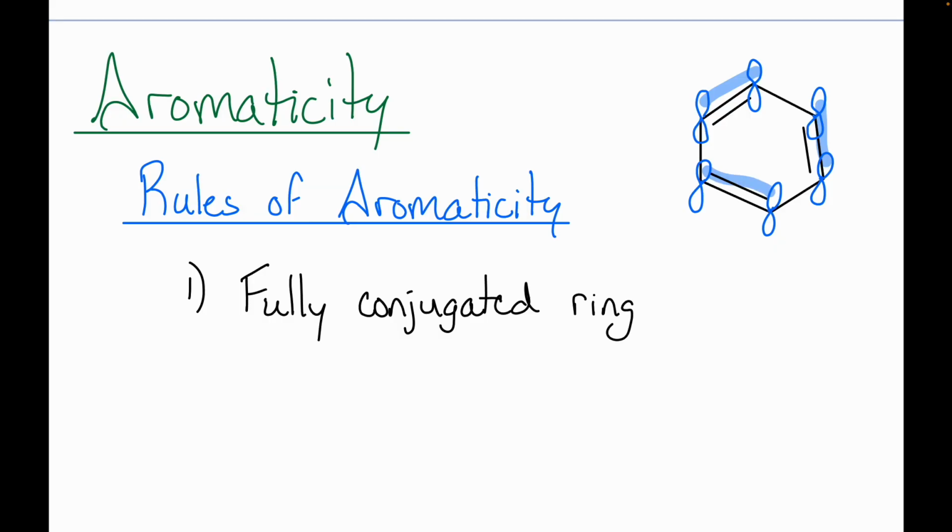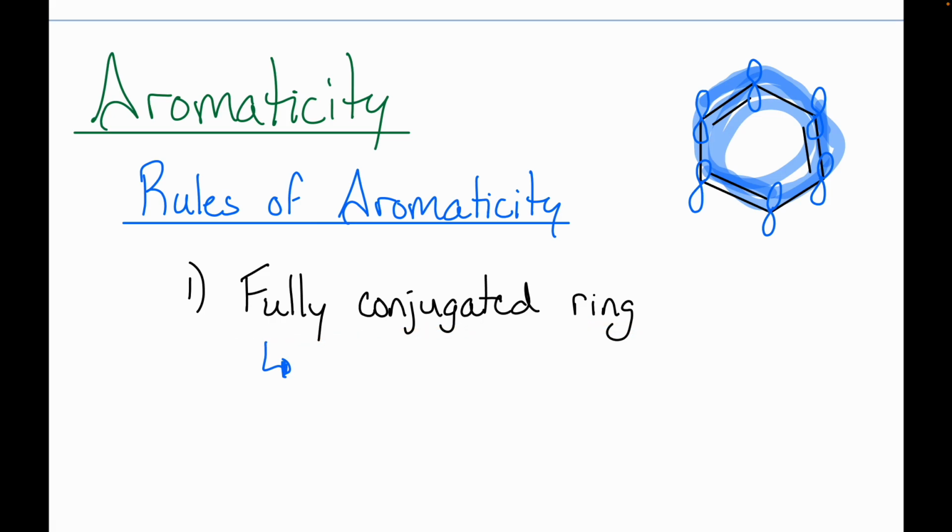These pi electrons are being shared for these double bonds, but when they're lined up in this particular way where these double bonds are conjugated, those electrons can delocalize around that ring, right? And so if we have a fully conjugated ring, our electrons can go around and around that whole ring. That is our first rule that we need in order to be aromatic. We've got to have a fully conjugated ring, all right?